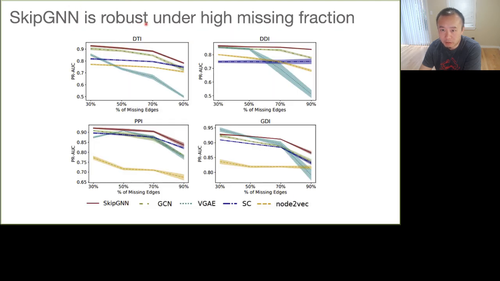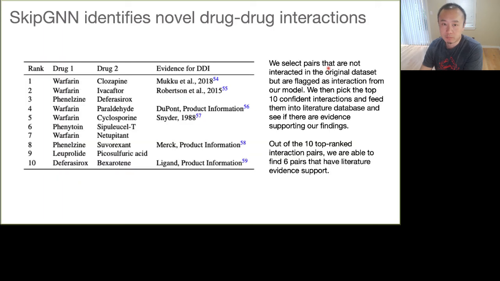SkipGNN also performed very well when you have a lot of missing data. This figure shows that as you increase the percentage of missing data from 30% to 90%, the benefit of using SkipGNN becomes greater and greater.